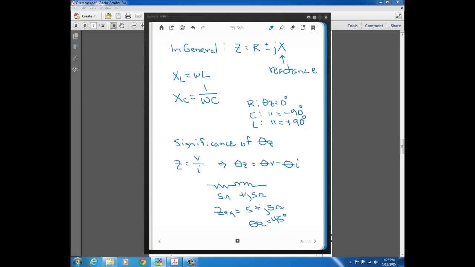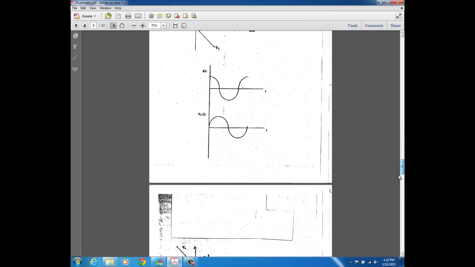So here, if we go back to my handout, and again looking at the inductor, where the theta Z is 45 degrees, that means that this voltage across that non-ideal inductor would be leading its current by 45 degrees instead of 90. Okay, or likewise, the current would be lagging the voltage by 45 degrees.